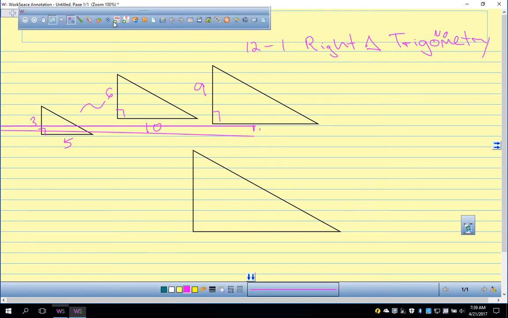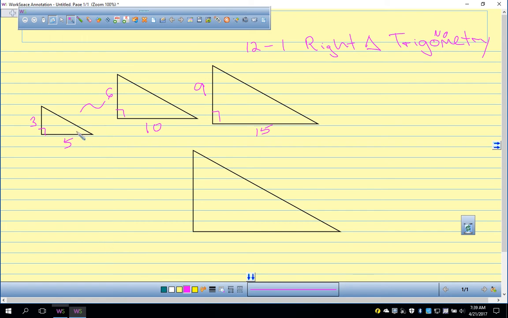Say this triangle is in the ratio 1 to 3. What would always be true about this angle right here? It's going to be the same here, here, and here, right? Because in similar triangles, all the corresponding angles are congruent.